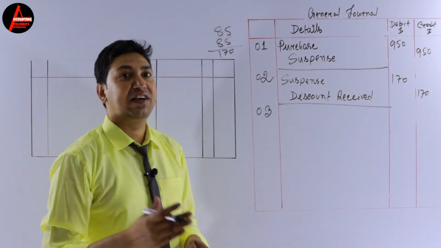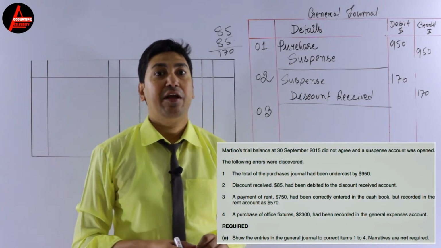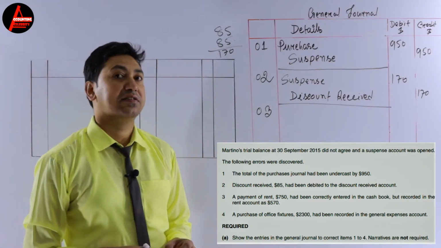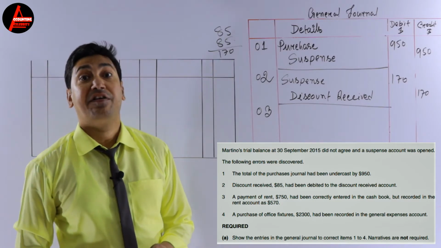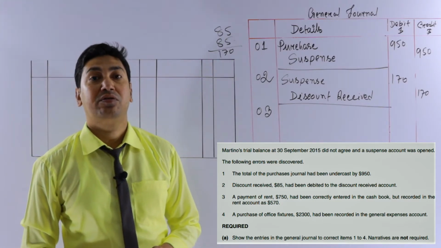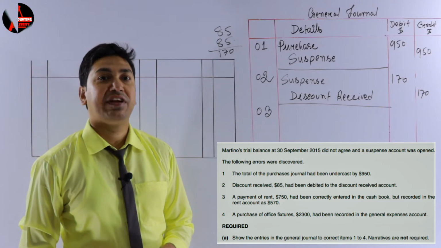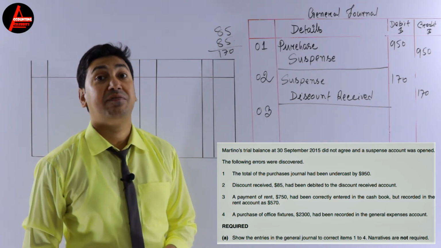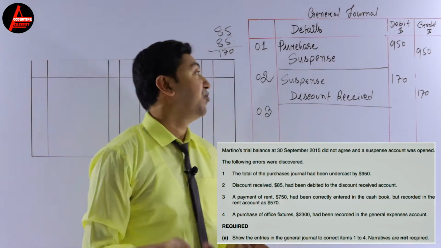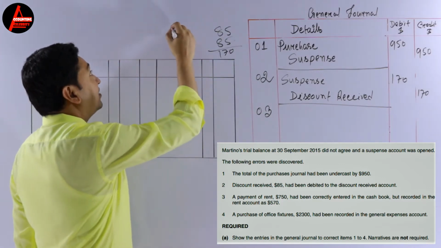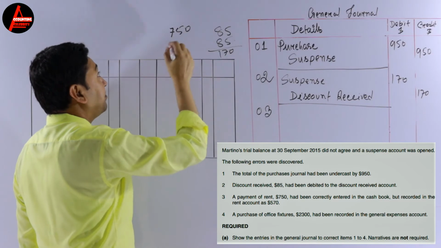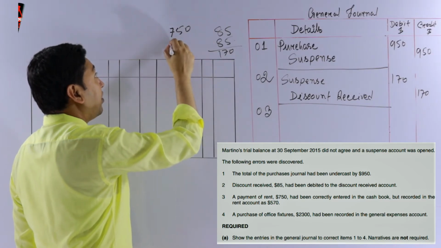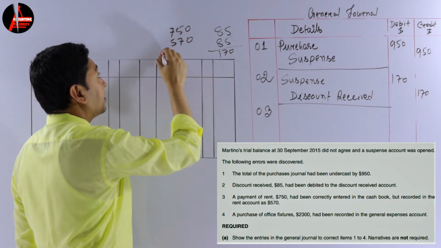Number 3. Okay, have a look at the transaction. A payment of rent of $750 had been correctly entered in the cash book, but recorded in the rent account as $570. What a mistake! Supposed to be $750, but mistakenly the bookkeeper or accountant wrote $570.